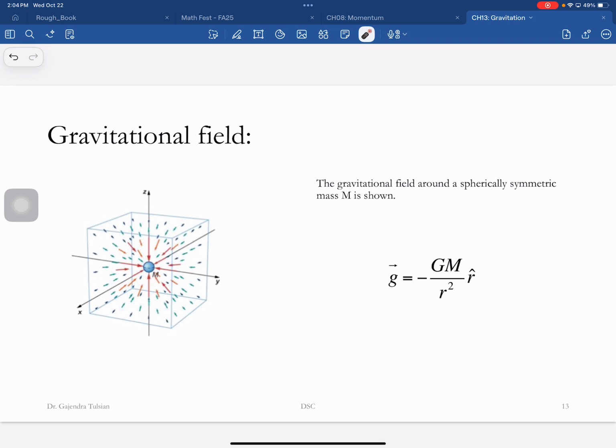And you see, as you're further up away, the magnitude of the arrow is smaller. So if you were 4,000 miles away, then the magnitude of the arrow would be 2.5 meters per second squared. On the surface of the Earth, it's 9.8 meters per second squared. So this is the gravitational field. And as you can see, it's a vector field.